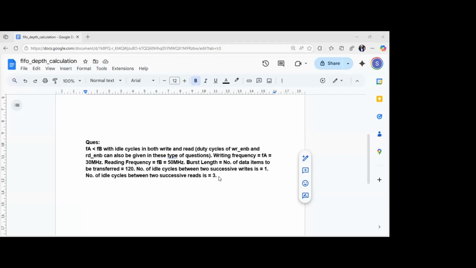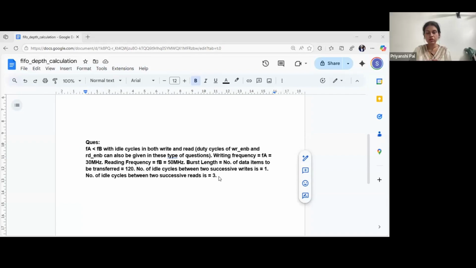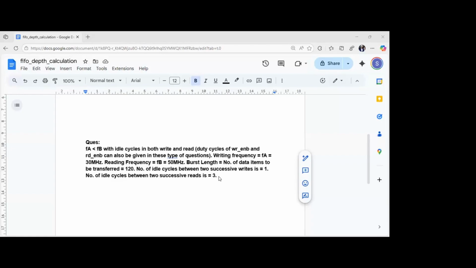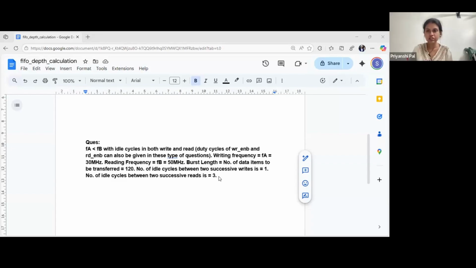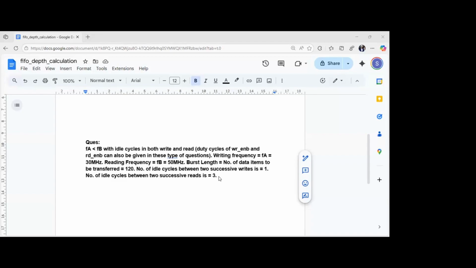Means 2 by 30? Ma'am, because it is mentioned that the number of idle cycles between two successive writes is equal to 1. Yes, okay. Ma'am, can you confirm the timing for A? Is it 66 nanosecond or something? Yes, 66 point something.